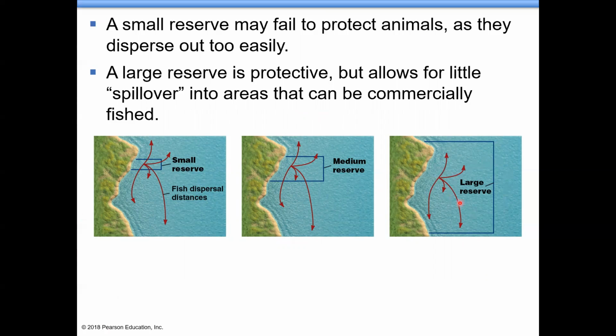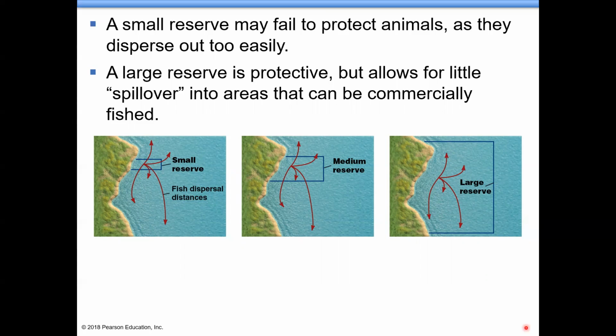When we have a very large reserve, this is very protective for the fish within, but doesn't allow for much spillover. So if we have a large reserve, we might have a ton of fish within, but large reserves don't do as good of a job helping to replenish fish populations outside of reserves.